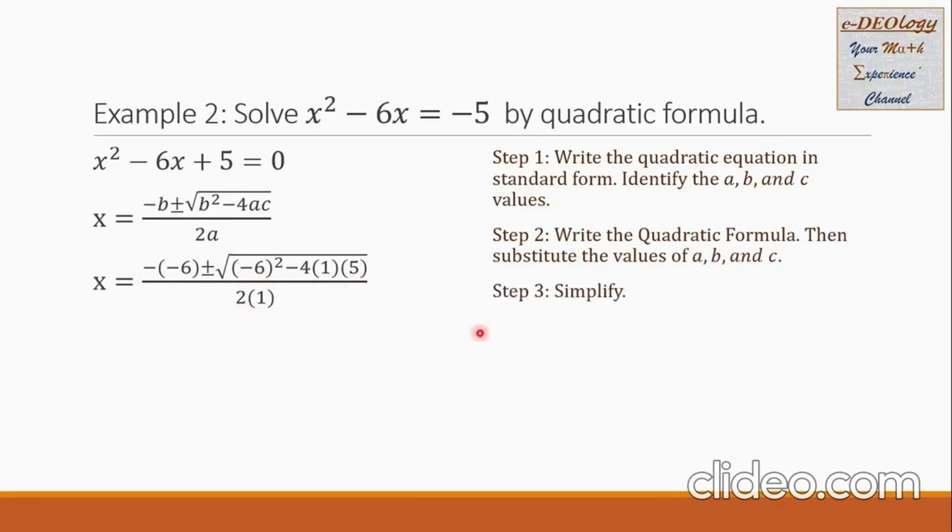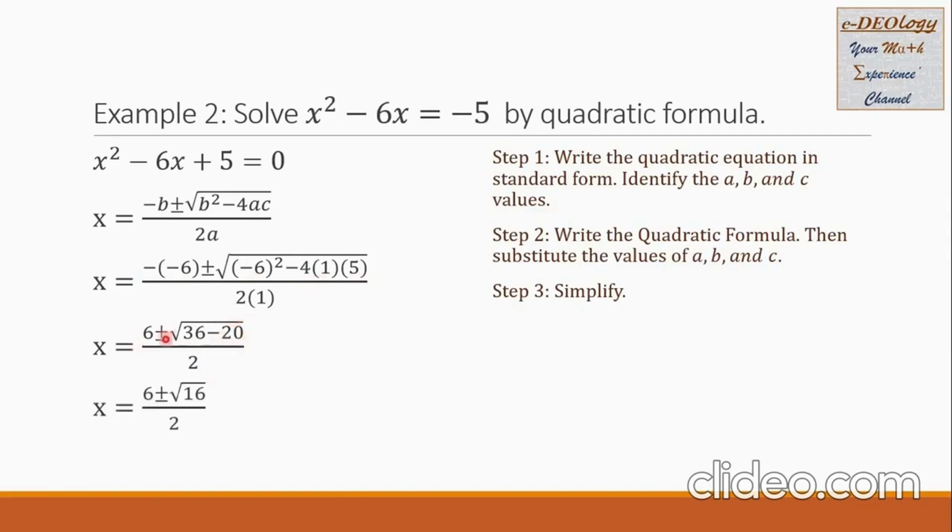Step 3, let us simplify. The negative of −6 is +6, plus or minus the square root of the square of −6 is +36 minus the product of −4 times 1 times 5 is −20 all over 2.